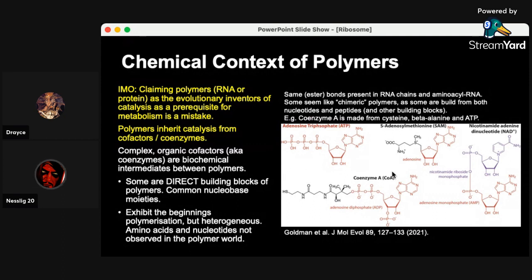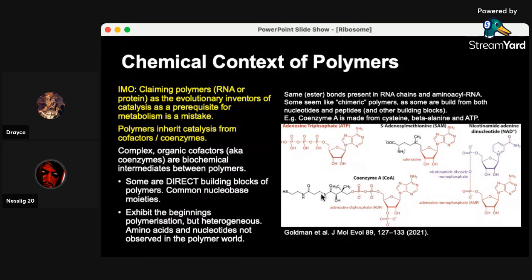For example, some of these coenzymes are direct building blocks of polymers. ATP and GTP are, of course, the direct building blocks of RNA. They also have common nucleotide moieties between them, and they also exhibit the beginnings of polymerization. But they are not as pure or clean as the polymers themselves. For example, they are heterogeneous.